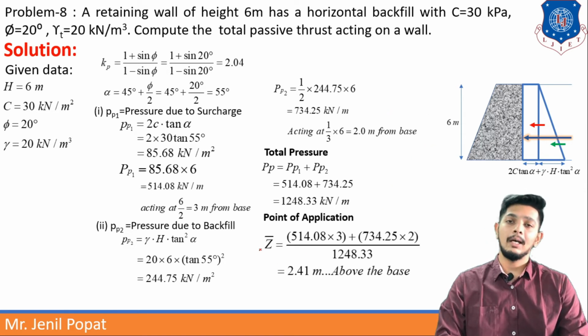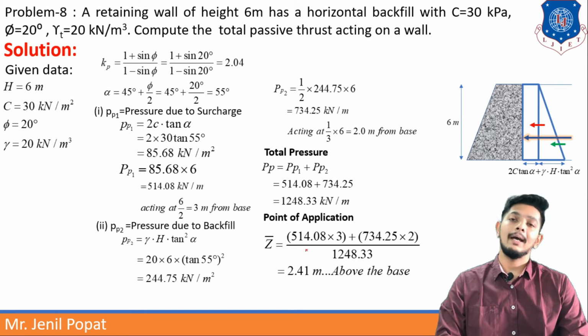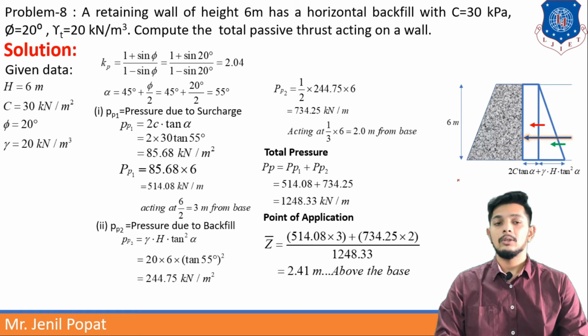So Z bar can be taken as pressure force 1 into height plus pressure force 2 into height, divided by total pressure force. Z bar will come out as 2.41 meter. So the total pressure force will act where? 2.41 meter above the base. So that's it. All numericals have been discussed in this chapter.